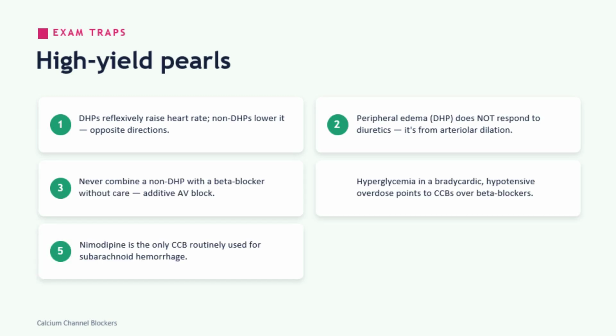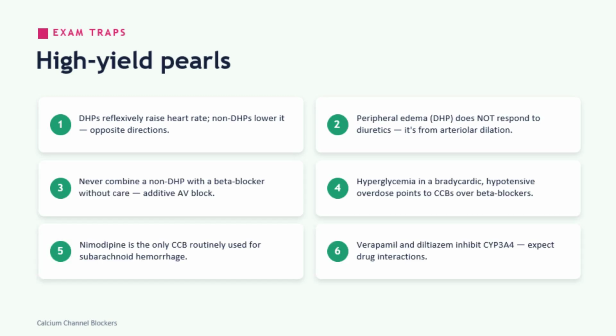Now let me share some clinical pearls. These are the little exam traps that I have watched catch out so many bright students, and I do not want that to be you. 1. Dihydropyridines can cause reflex tachycardia, the heart speeding up to compensate. 2. That ankle edema does not respond to diuretics, so do not be fooled into adding one. 3.